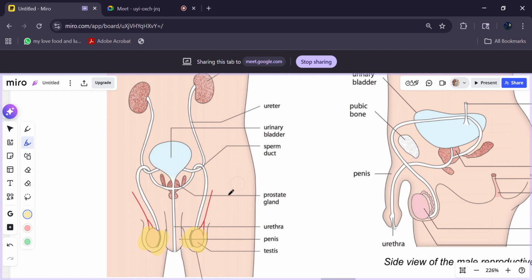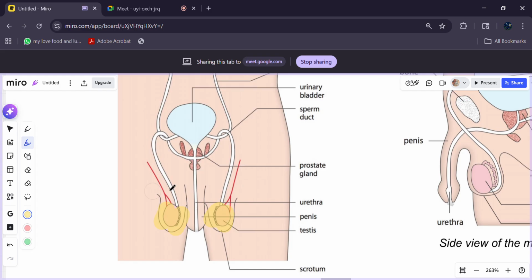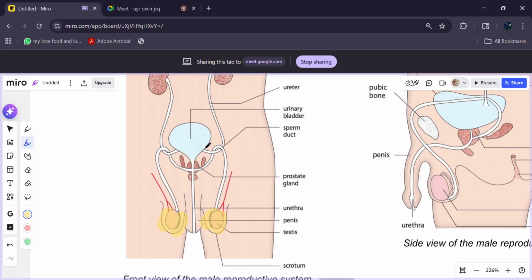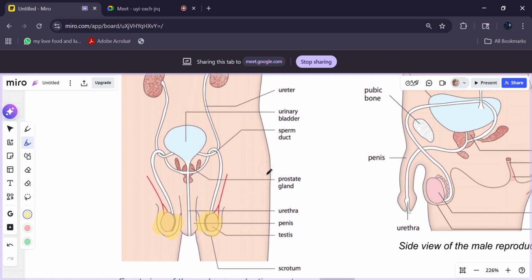The male hormones are responsible for the development and maintenance of the secondary sexual characteristics in males, such as increase in height and deeper voices.